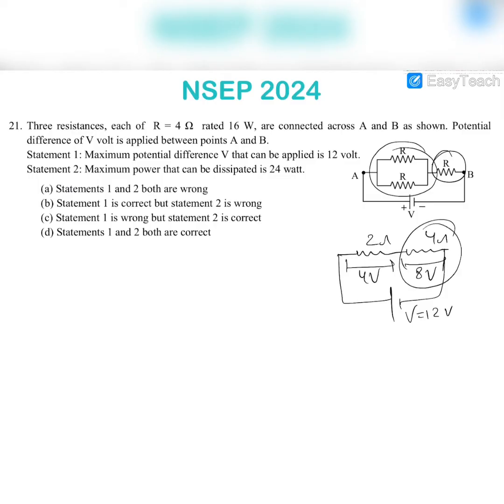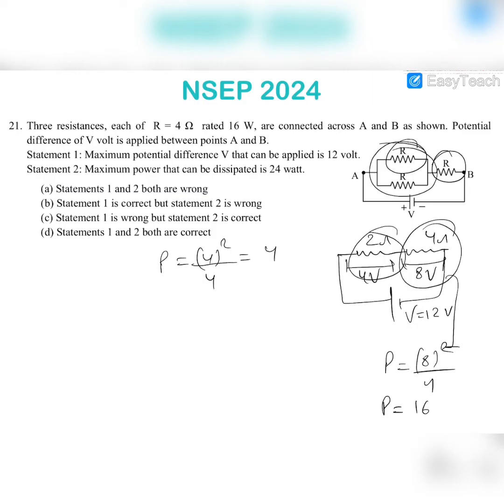Now let us see that the power loss in this one will be 8 square upon 4. So power loss will be 64 upon 4, which is 16, and the power loss across each one of the others is P is equal to 4 square upon 4, that is 4 watts.